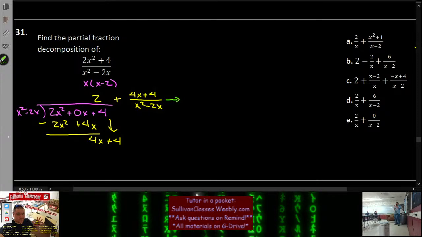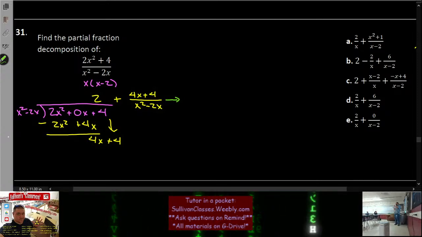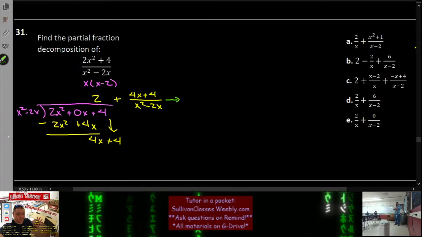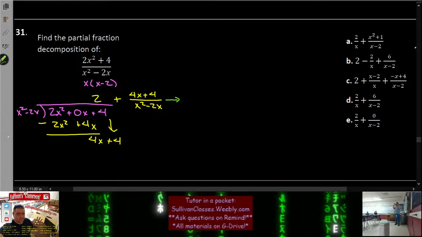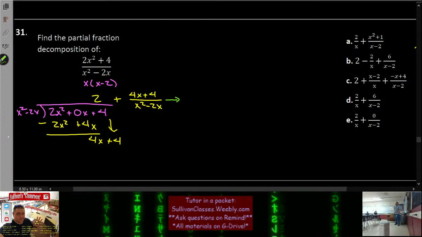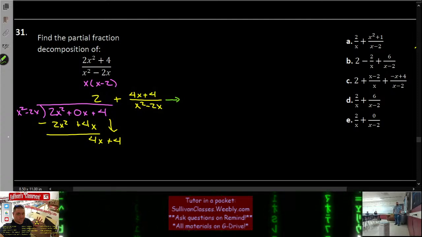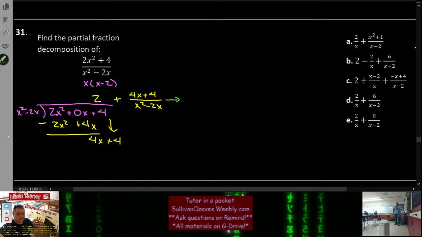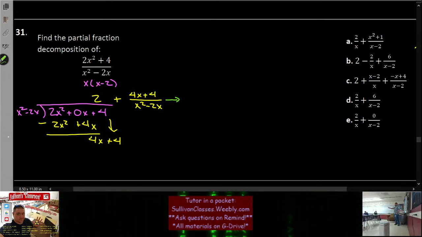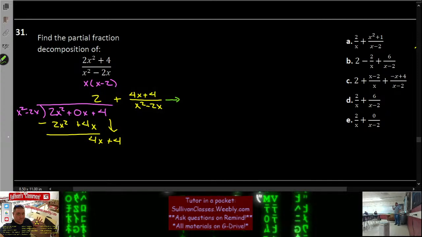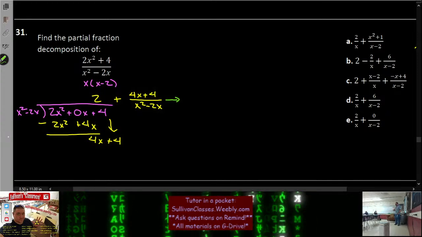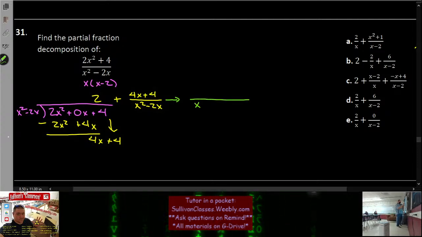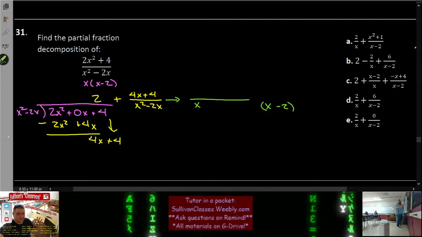I got to make sure that example 4 isn't one of your forms of the final, where you have an irreducible quadratic, because then you need an ax plus b on the numerator instead of a. Ah, crud! I gotta look through a lot of stuff. This one isn't. This one isn't, and I will make sure that we only have forms of the final that don't have that example. So x and x minus 2.